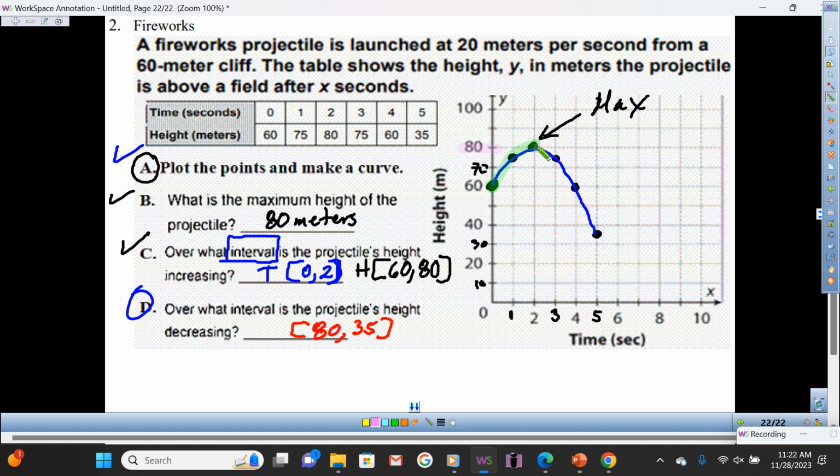All right, so let's see. 80 and 35, is it decreasing? Yes, but that's for the height. So now, what is that one in time? Pass someone, Clarissa.